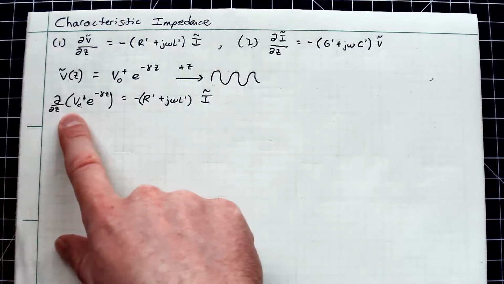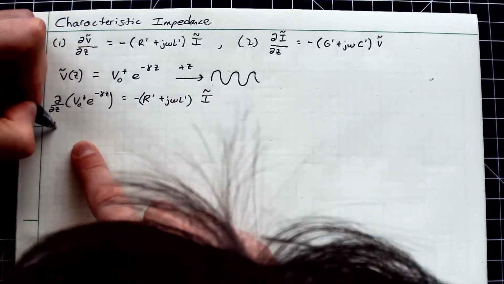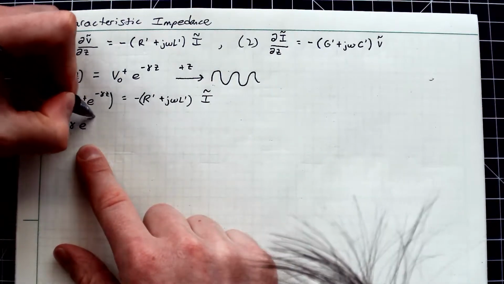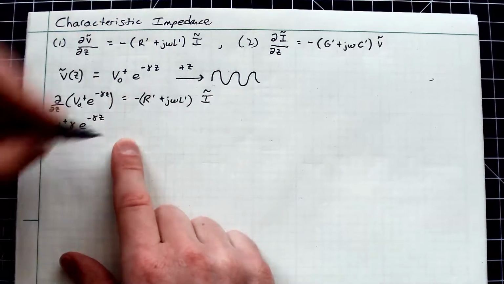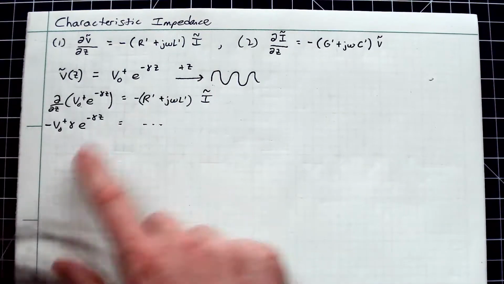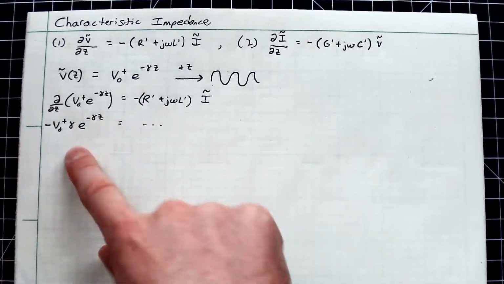This derivative is only going to act on this exponential, so I just get V naught plus times negative gamma e to the minus gamma z is equal to all of those same things over there. Now, all I'm going to do is solve for current by dividing this term out.